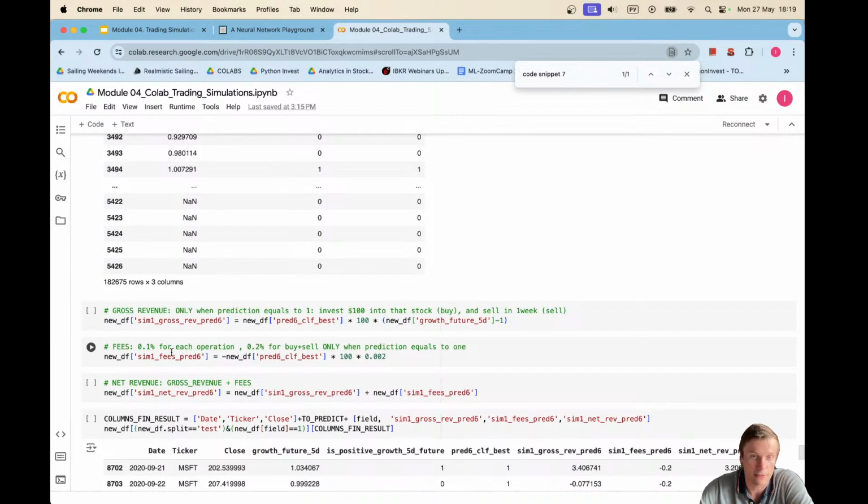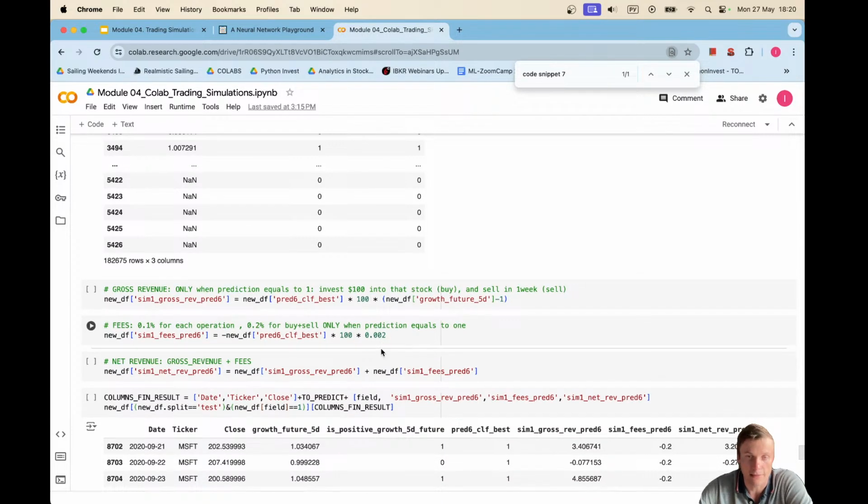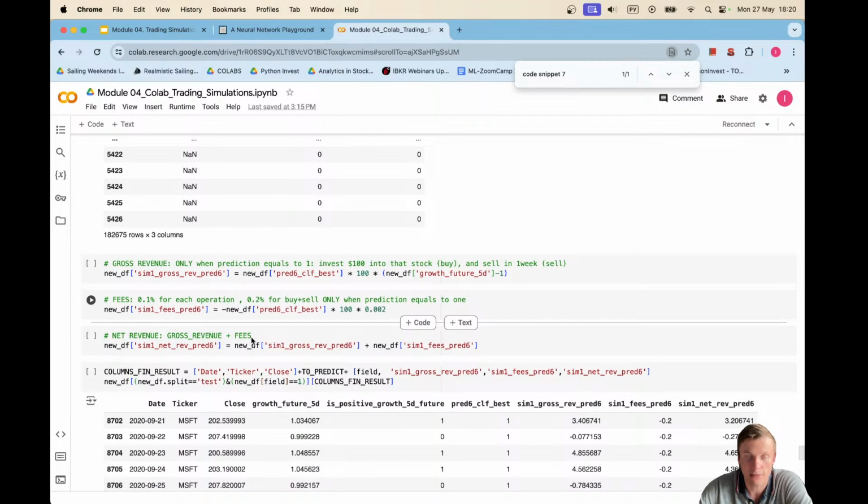Then if you know when you trade, that's actually all ones in the prediction, you know the fees that you pay, 100 multiplied by 0.2%, and this vector will be minus 0.2, or minus 20 cents, for each trade that you made. That's the approximate fees, and for net revenue you sum up gross revenue and fees.